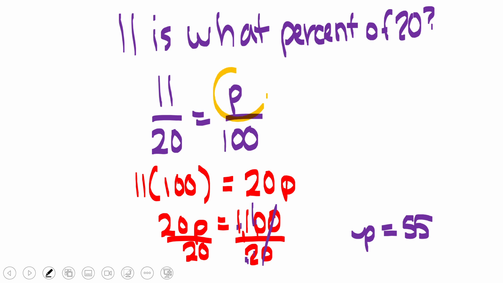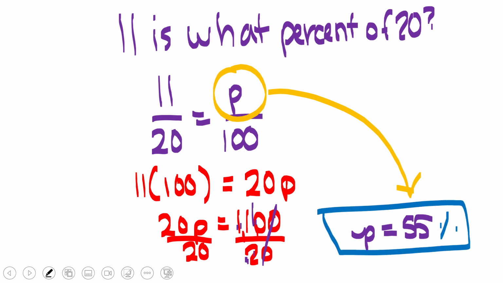Again, we're actually solving for the percent, so this will just be a percentage, 55%. And then think, is 11 about 55% of 20? It sure is. Think logic and sensibility.